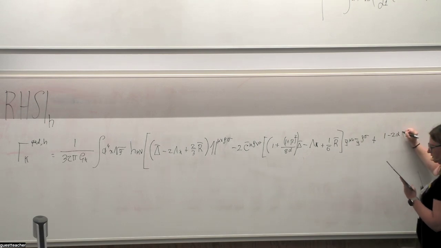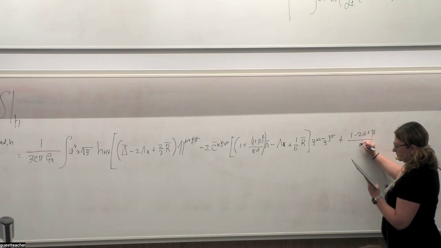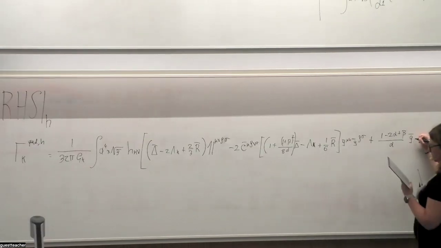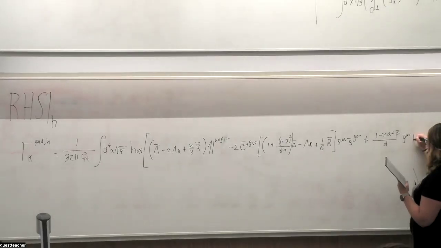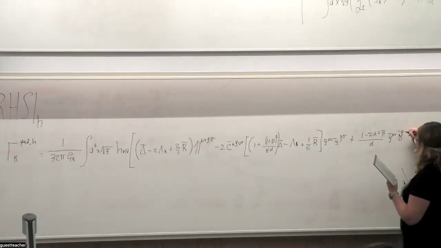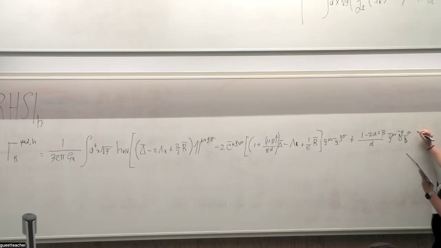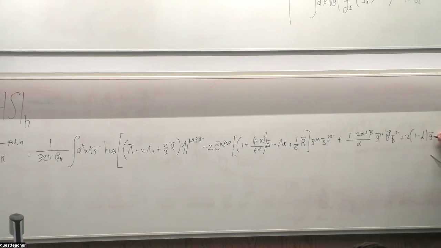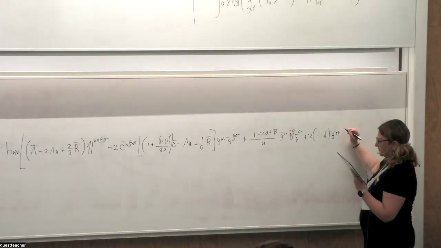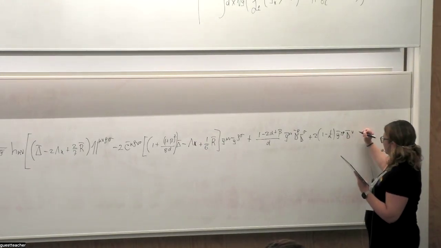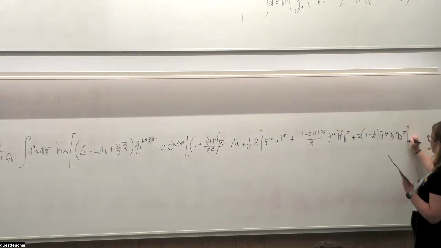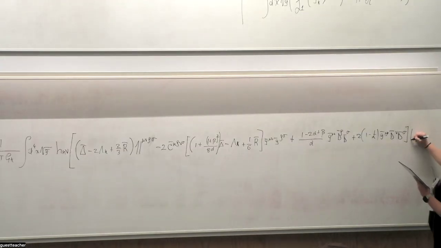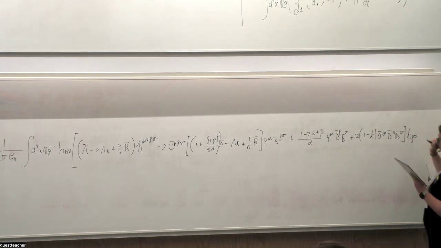So we have here this term, and then G bar mu d bar rho d bar sigma plus 2 times 1 over 1 minus 1 over alpha G bar mu rho d bar d sigma, and finally everything is packed and closed by this H rho sigma.